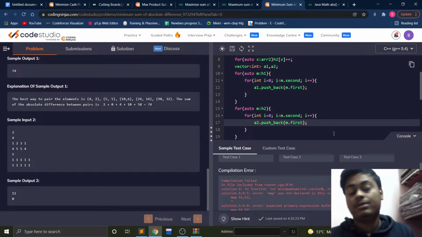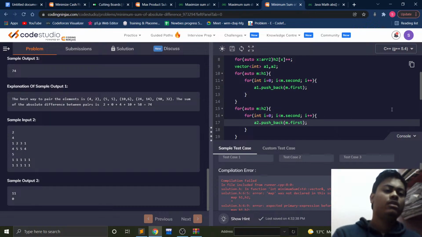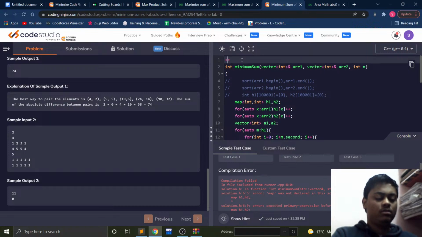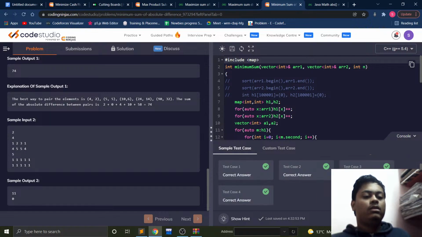Map was not declared in the scope. I can't use STL. Can I use include? Hash include map. If we do it like that, yes, it is working.